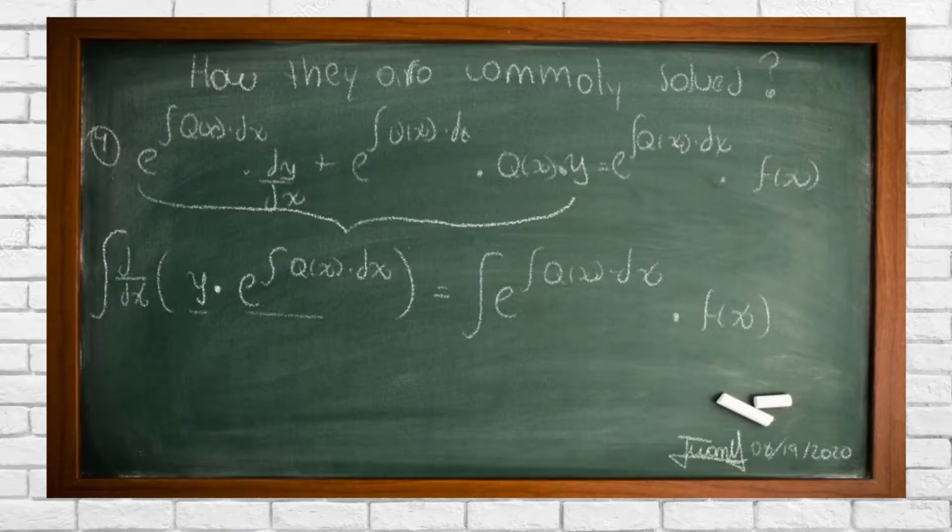And this is going to be really handy because we can now integrate both sides, and as we know, the integral of a derivative is going to cancel out, and we're going to end up with y times e to the power of the integral of q of x times dx, which is going to be equal to the integral of the other side of the equation.